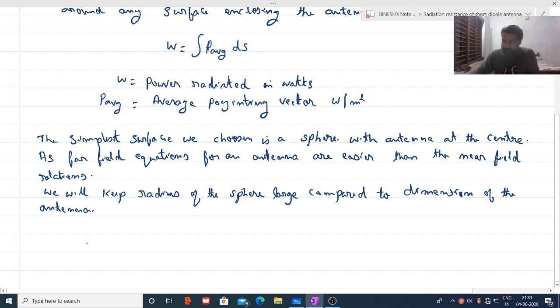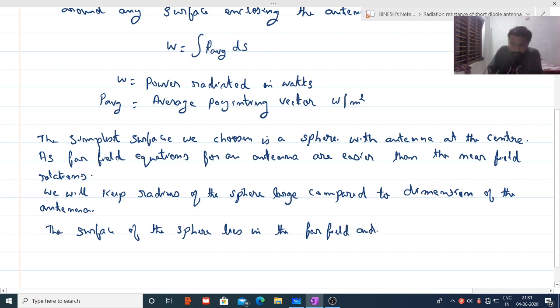So the surface of the sphere lies in the far field, and only the far field components are considered now. So that also I will write: the surface of the sphere lies in the far field, and only the far field components are considered.